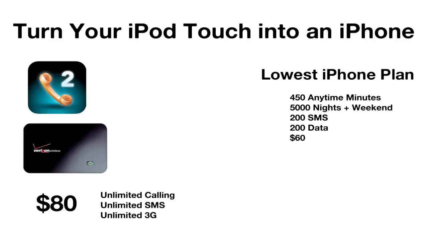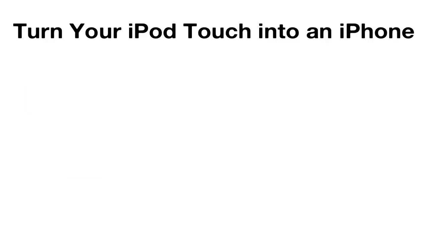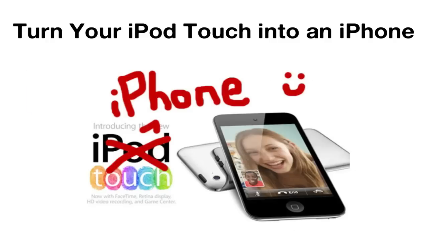But with the iPod Touch, with the Line 2 and the MiFi and all that stuff, it's unlimited for $10 more. And if you compare that to the iPhone unlimited plan, you're actually saving $45, as the iPhone unlimited plan is $115 per month. Okay guys, so that's how you turn your iPod Touch into an iPhone.